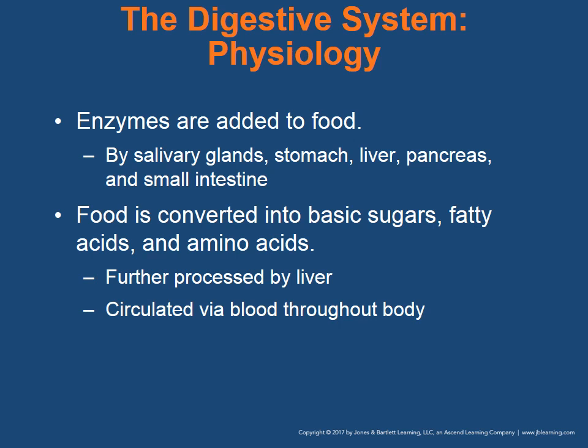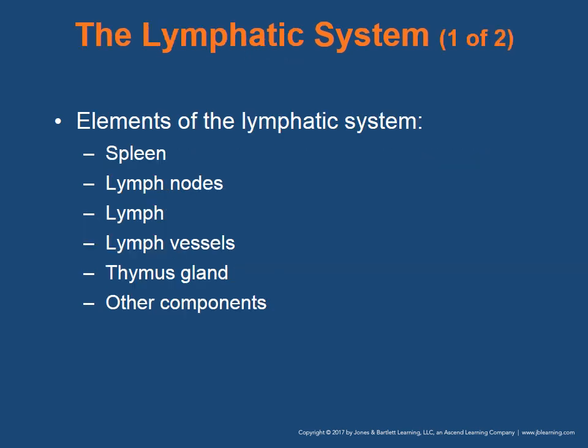Food is converted into basic sugars, fatty acids, and amino acids that are further processed by the liver, circulated via the blood throughout the body. So the digestive system is complex and has a lot of organs that are involved with it. So questions about diet, whether it be their eating habits, any changes in that, bowel movements, are very important.